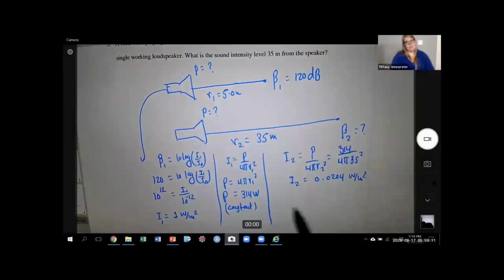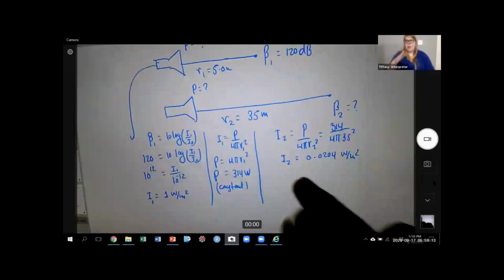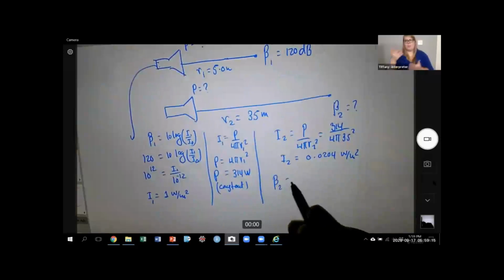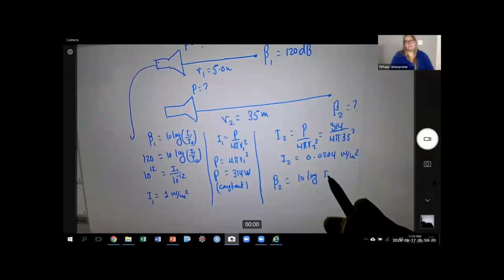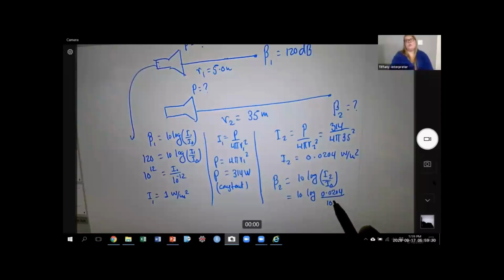Now, what is the new loudness? Back to the same formula: beta 2 is 10 log of the new intensity I2 divided by the threshold, so 10 log of 0.0204 divided by 10 to the power negative 12.